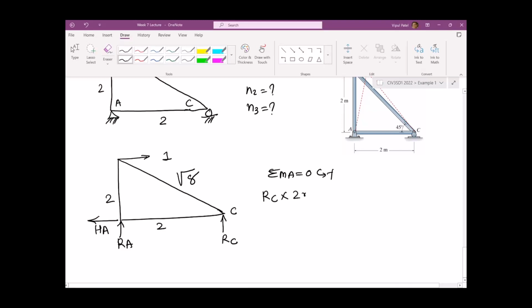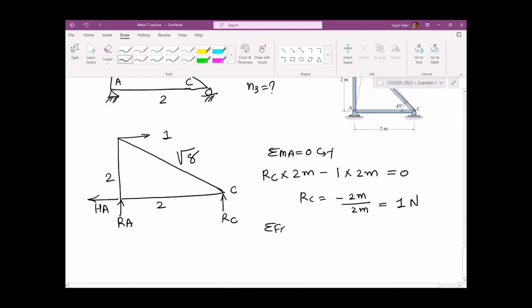RC times 2 meters minus 1 times 2 meters equal to 0. So RC equal to 2 meters over 2 meters, equal to just 1 newton. So RC equal to 1 newton.